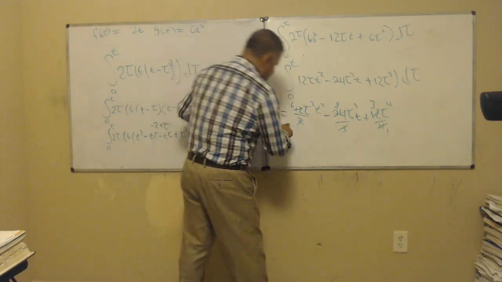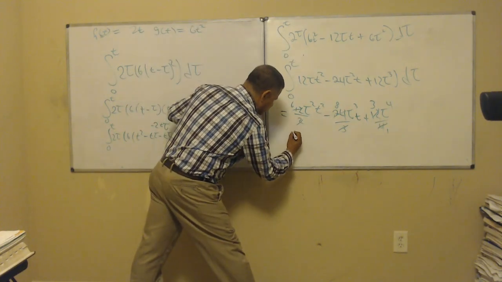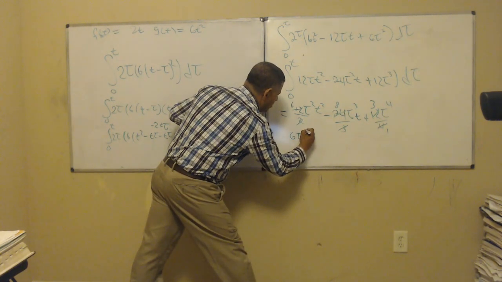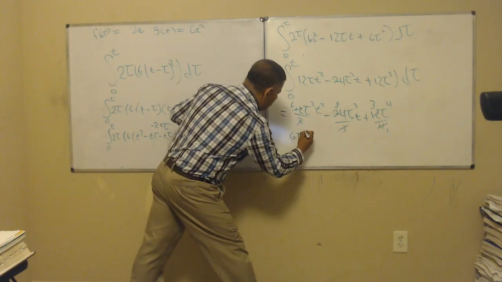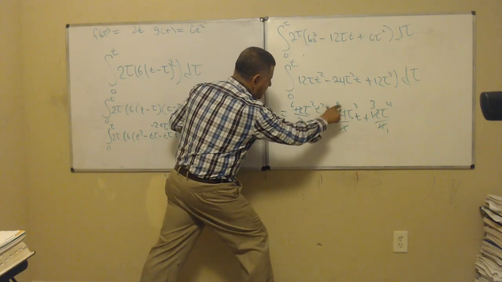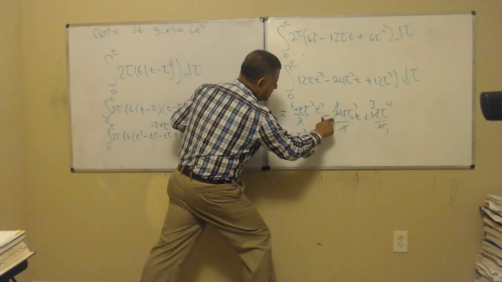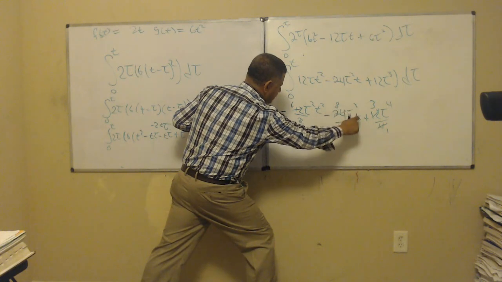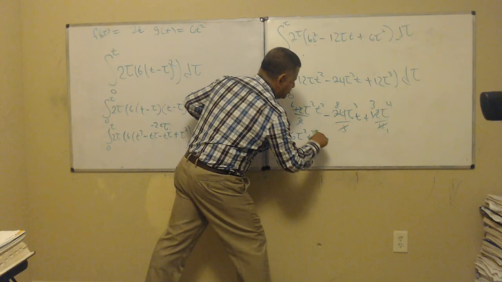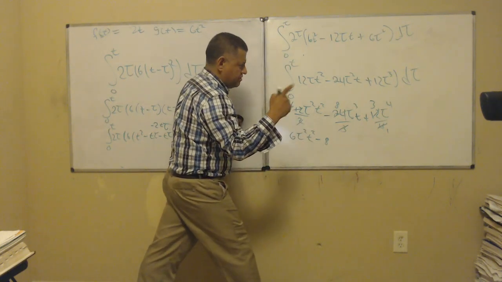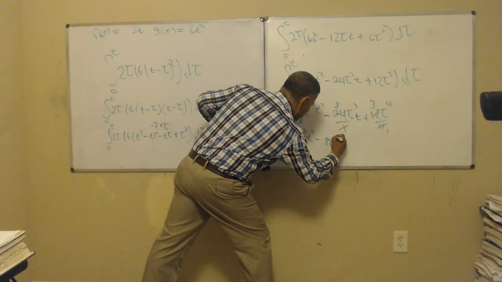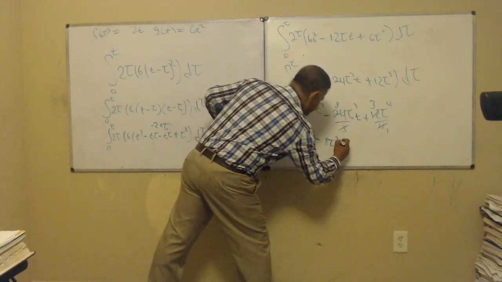Now I can rewrite this: 6 tau squared t squared, minus 8 tau cubed times t. I'm sorry, did I say t? Tau cubed times t, tau cubed t.